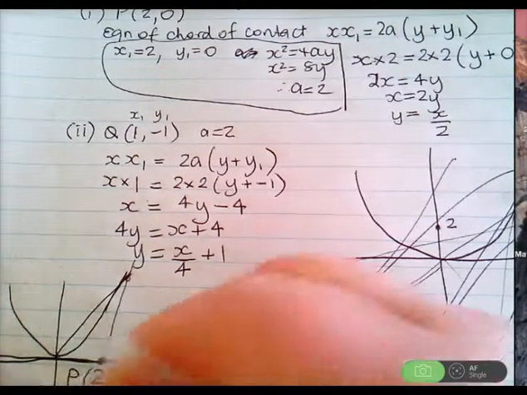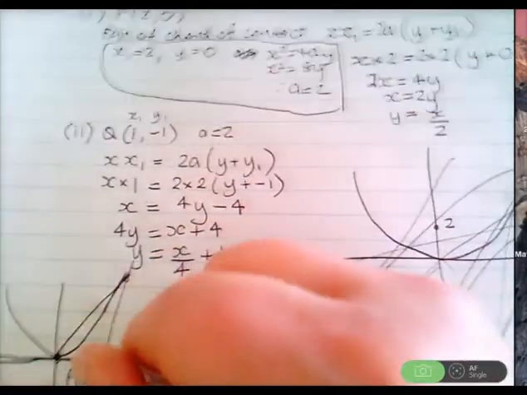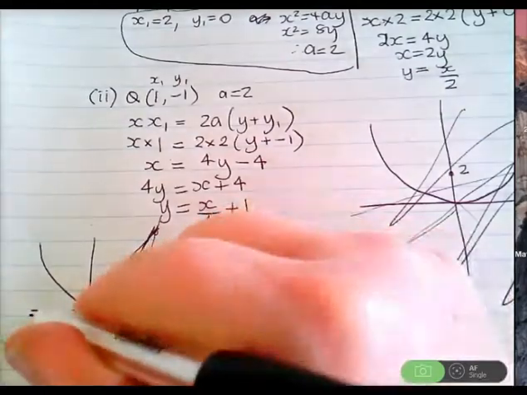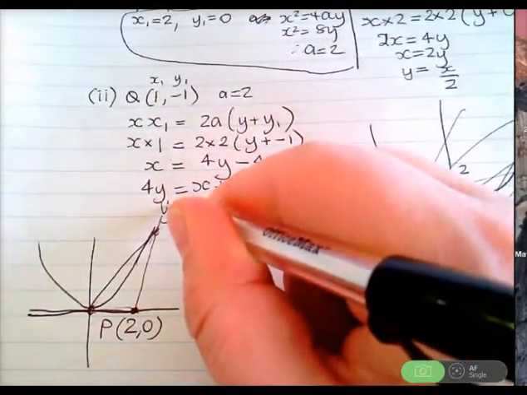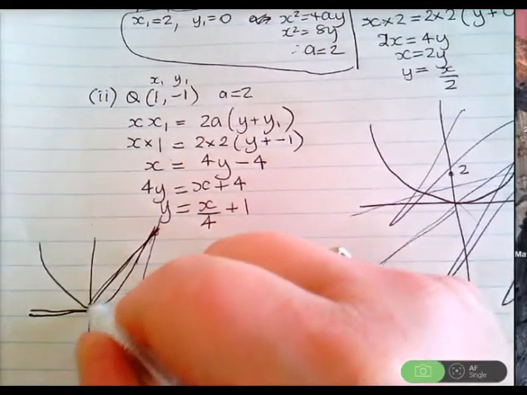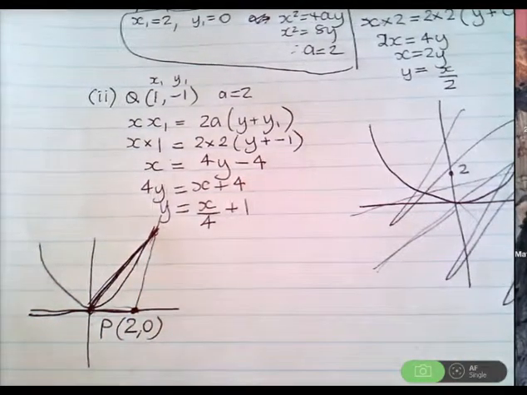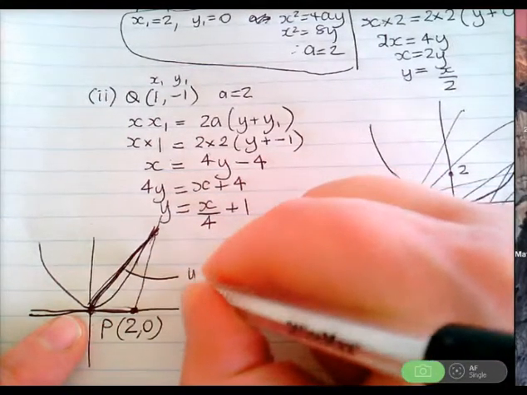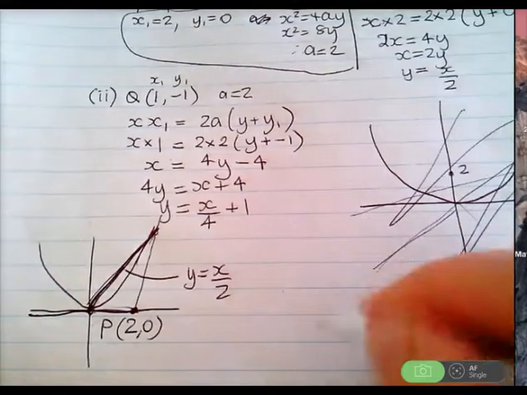So this is point P. There's my parabola. From point P, you do a tangent there and a tangent there. I'm not saying my parabola is drawn very accurately. And this is the chord of contact. So it's got the equation y equals x on 2.